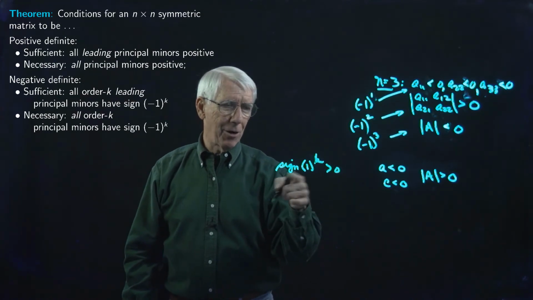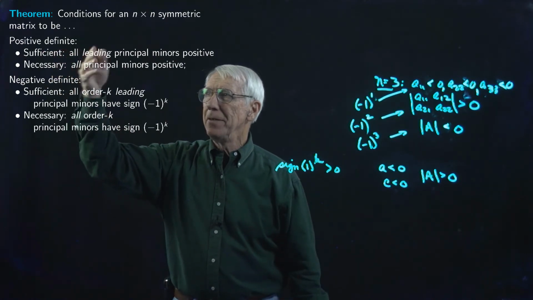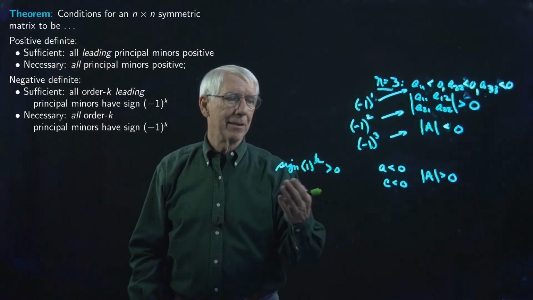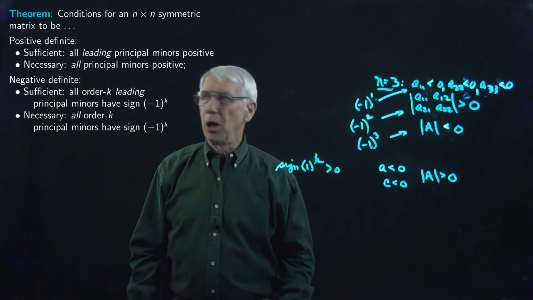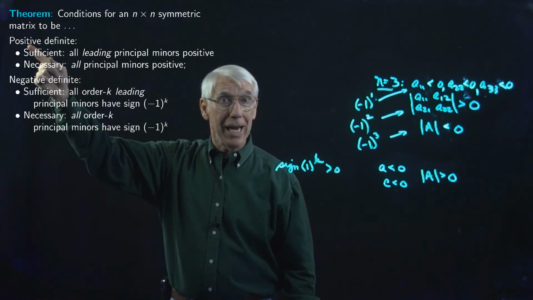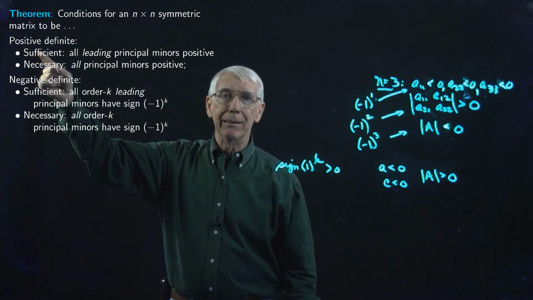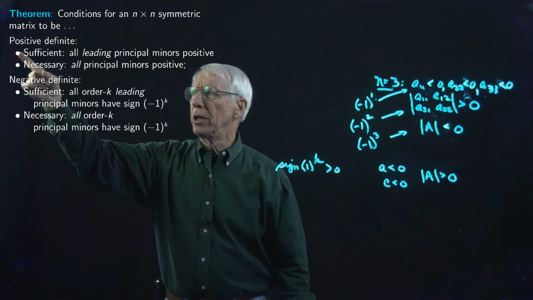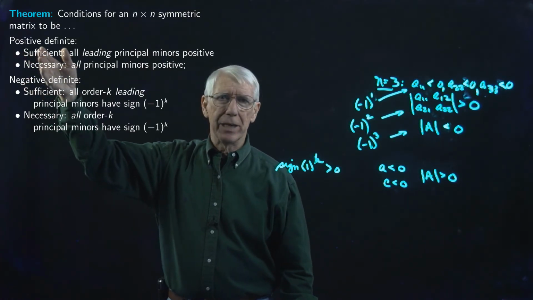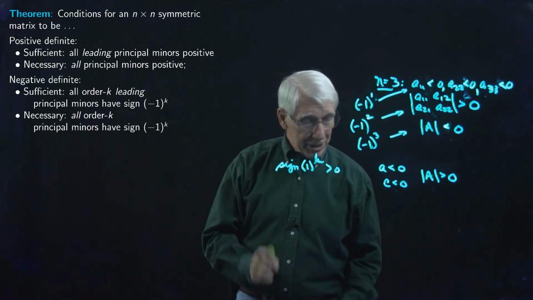But of course, that's always positive, so you just drop that out, and that's subsumed in saying that the principal minors are all positive, because this thing's always positive. So that would have made things look more the same between positive and negative definite, but I think it would be a little obscure for the positive definite case, unnecessarily so. So that's the situation for positive definite.